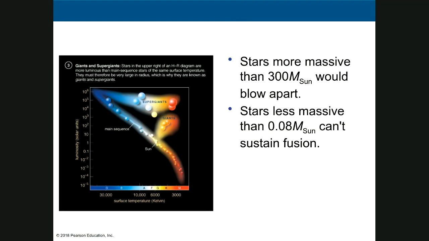Stars more massive than about 300 solar masses would blow themselves apart according to our models and our understanding of quantum physics. And stars less massive than 0.08 solar masses, or 8% of the sun, can't sustain fusion. I want you to note that our explanations, our whys here, are based on, actually, you know what, I will write it in a text box.